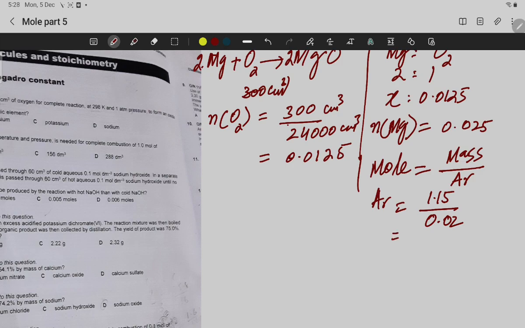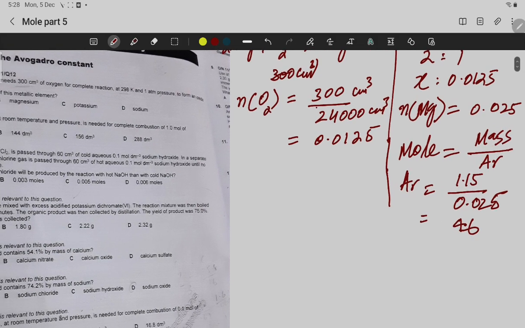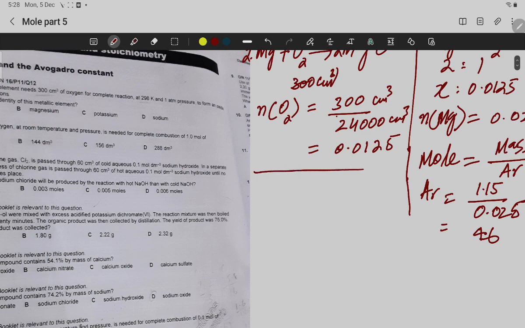In this way we can check the AR of all elements. 1.15 divided by 0.025 is equal to 46. It means, now let's check group 1.